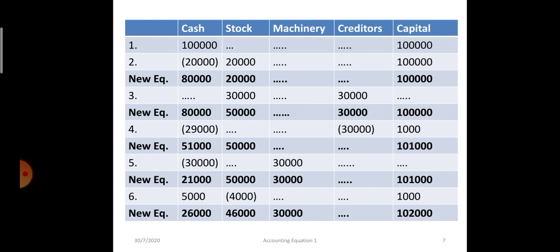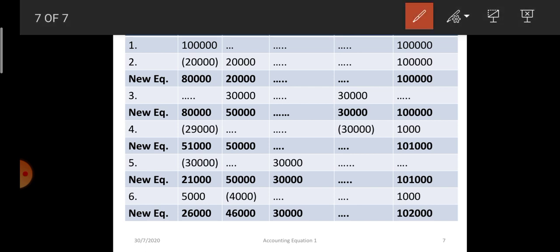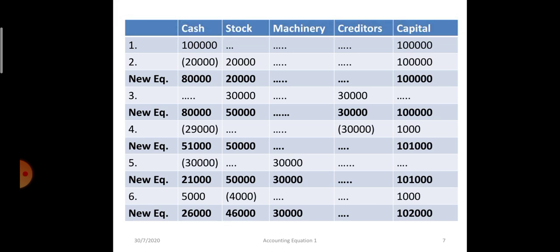Now see, this is the solution. First you see the asset side: cash, stock and machinery, these three represent the asset side. In your copy, in between put an equal to sign. Here I was not able to put it due to some technical problems.